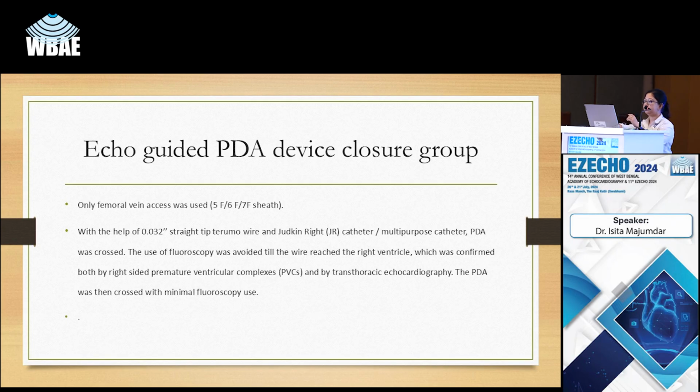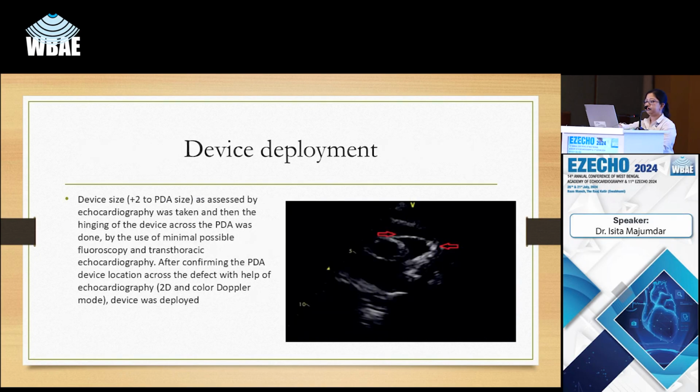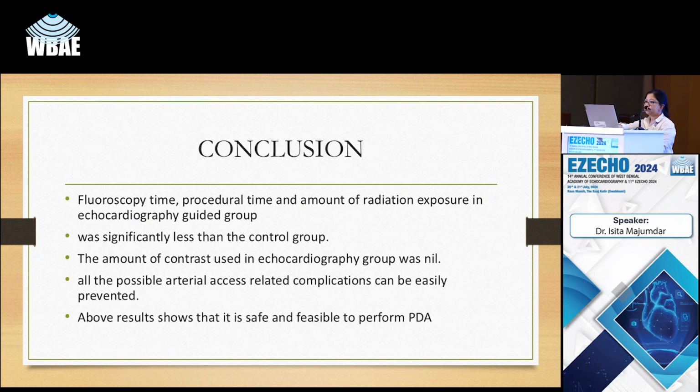From the ECG, when we saw PVCs, we knew we were in the RV. Then with minimal fluoroscopy we crossed up to the pulmonary artery, and with the help of echocardiography we placed the device, and then did the device deployment from the echocardiographic view.